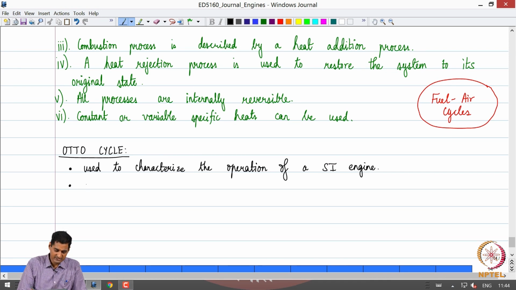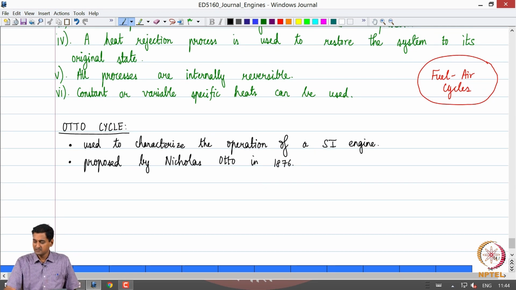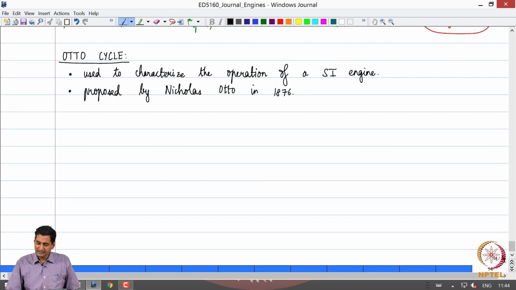It was proposed by Nicholas Otto around 1876, okay, around that time frame. As we know, Nicholas Otto is a German automotive engineer who proposed it around 1876. So, what is the motivation behind this Otto cycle?